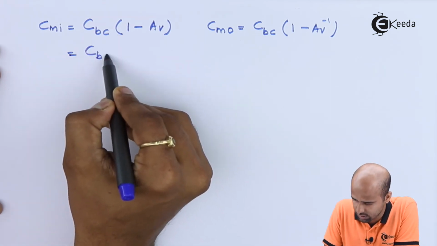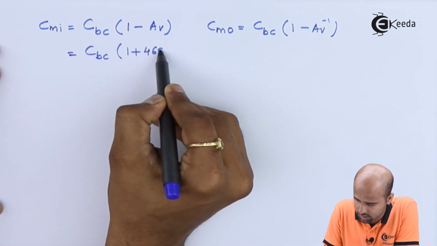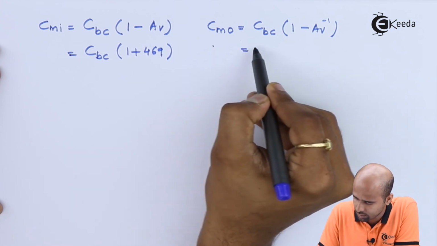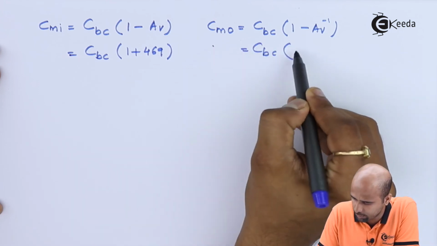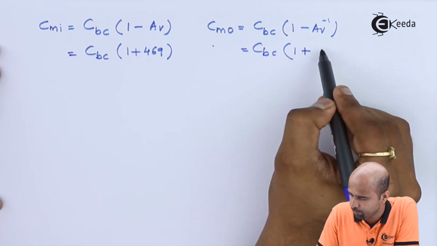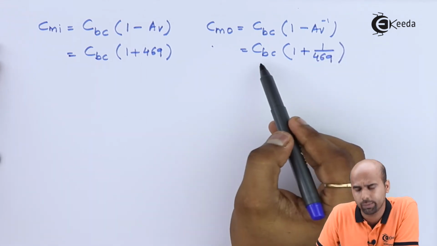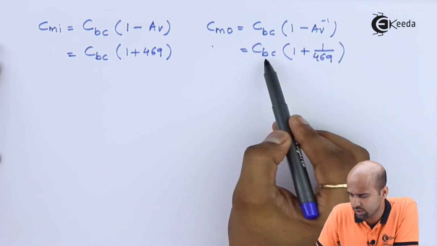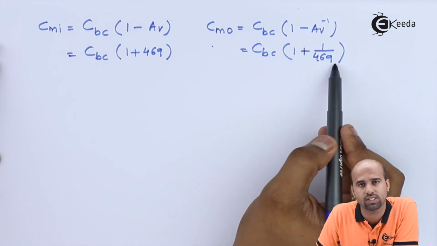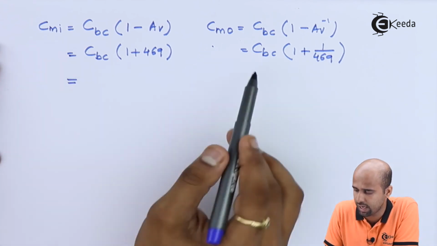So CBC multiplied by 1 plus 469, and CMO is equal to CBC multiplied by 1 plus 1 upon 469. Just try to calculate all these values CMI and CMO.